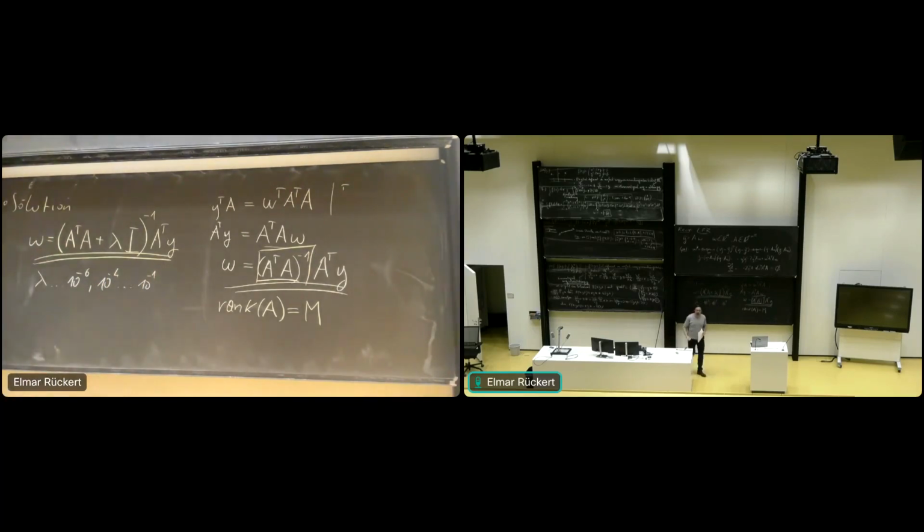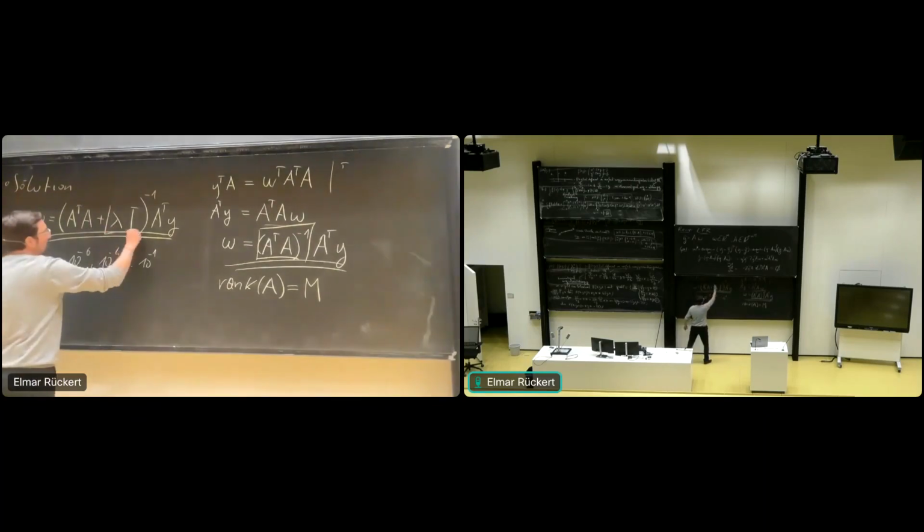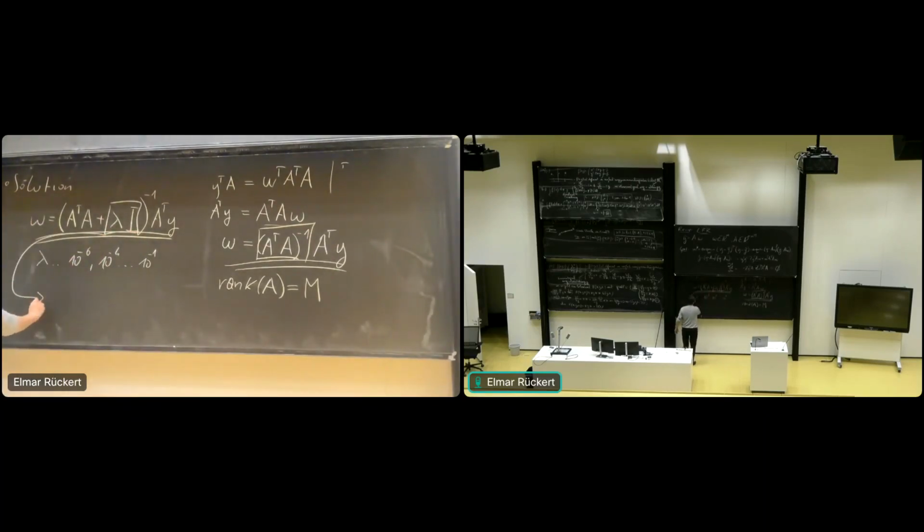Of course, the regularization will at some point dominate the inverse, and the solution will be an average explanation of your data. So the stronger your regularization term is, the less you focus on the real data values. So in the end, this term here is a matrix where you have these lambda elements in the diagonal.